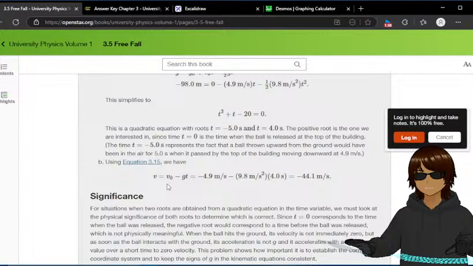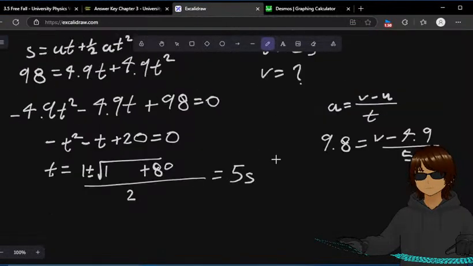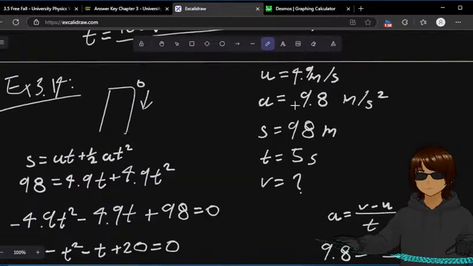But the thing is, you're treating the downward direction as positive, right?